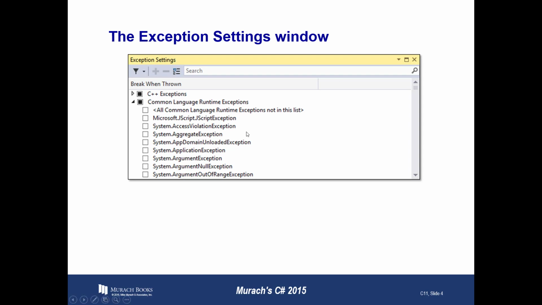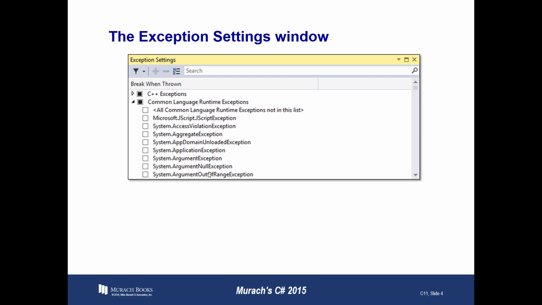Alright? So notice it says this, I believe, has chosen all of them. Common language runtime exceptions. So, why? Well, here's an example, argument out of range exception. So let's say that you created a variable of type byte, B-Y-T-E, which by default I believe has a range from -128 to +127.